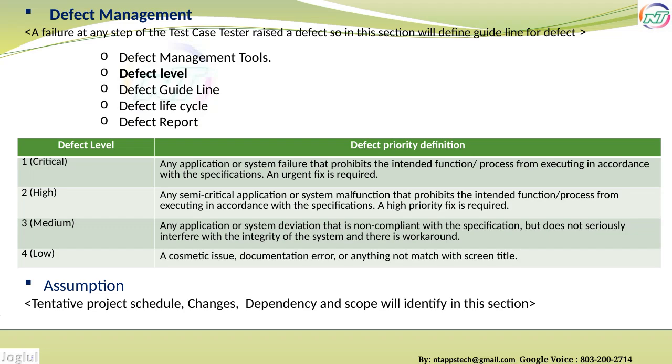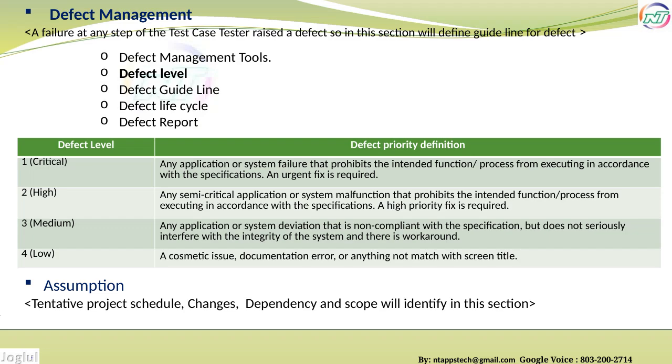Medium-level defects represent deviations that don't severely impact the system and usually have workarounds, while low-level defects are mostly cosmetic or documentation issues. Understanding these categories helps prioritize fixes based on impact. Additionally, it's important to define assumptions, project schedules, changes, dependencies, and scope related to defects, as these factors influence how and when defects are addressed.